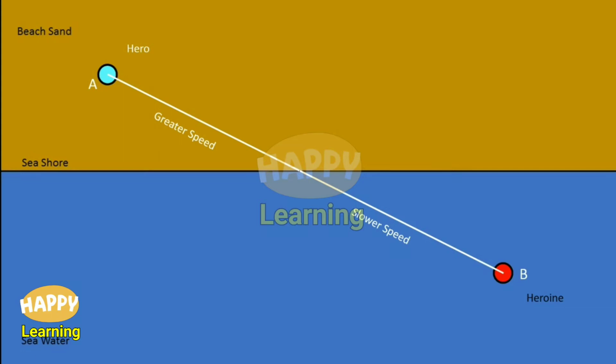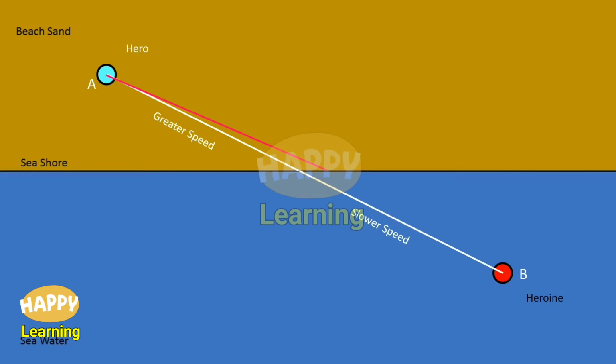So, he will have different options, as the speed on land is greater when compared to the speed while swimming in water. So it will be better to prefer a path which has more distance on land and less distance through water.